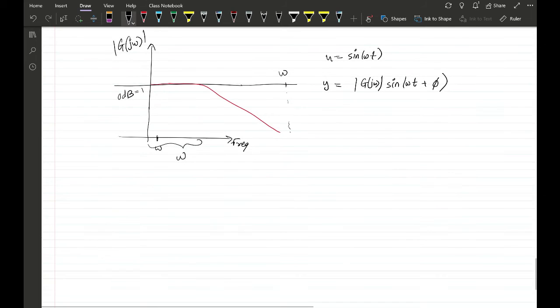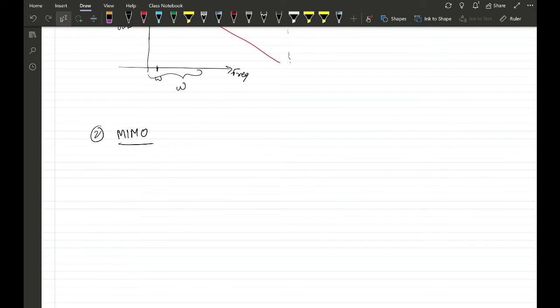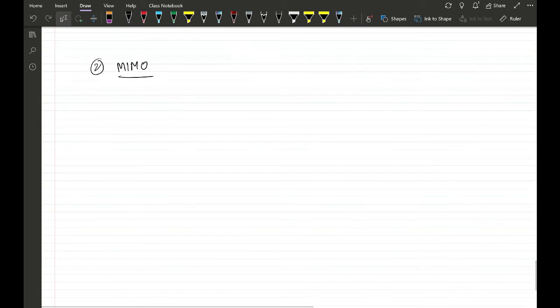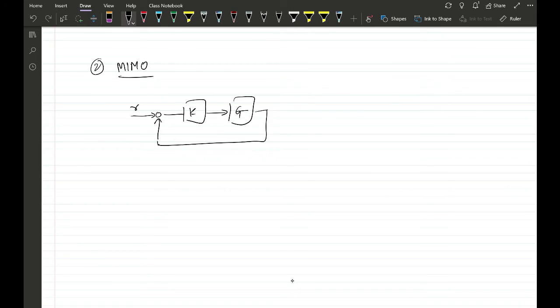Now for MIMO systems, we have the notion of directionality. For our problem at hand, we now have a MIMO system, which can be represented by a closed loop plant with R as an input and Y as an output. So this is a 3x3 system.